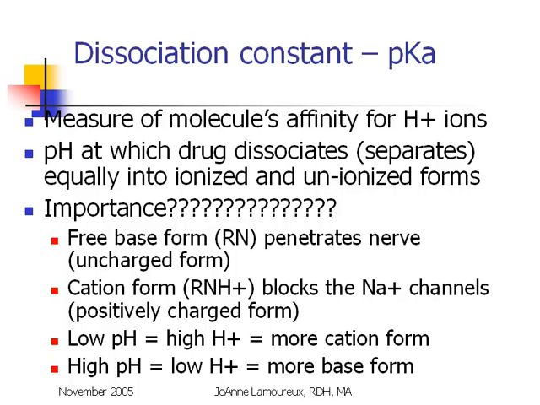Hang with me because this stuff is a little bit difficult to understand and even harder to explain. But a dissociation constant is a measure of each molecule's affinity or attraction toward hydrogen ions. And the principle of dissociation constant, or pKa, says that a drug's pKa is the pH at which the drug will dissociate or separate equally into ionized and unionized forms.